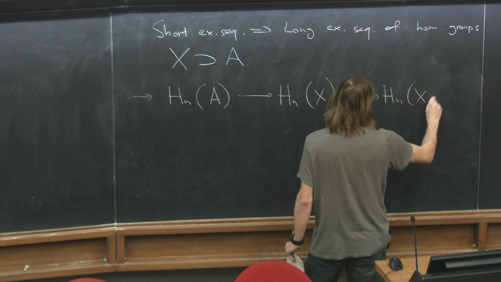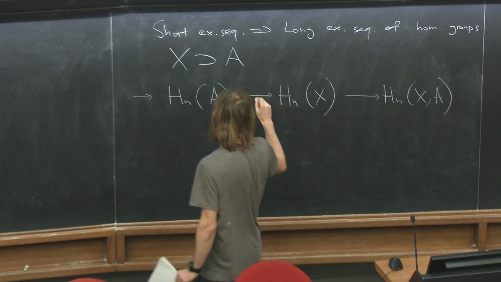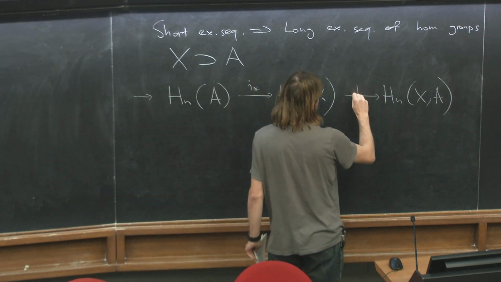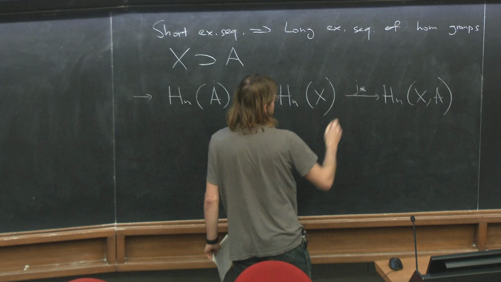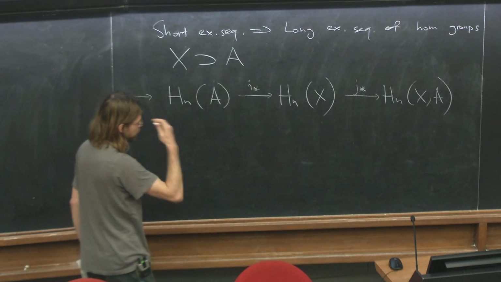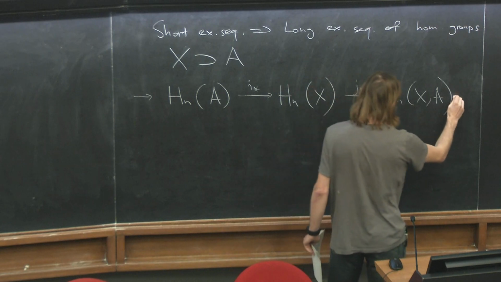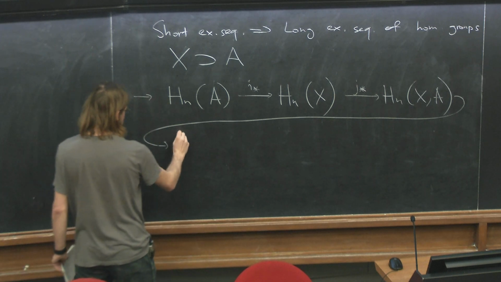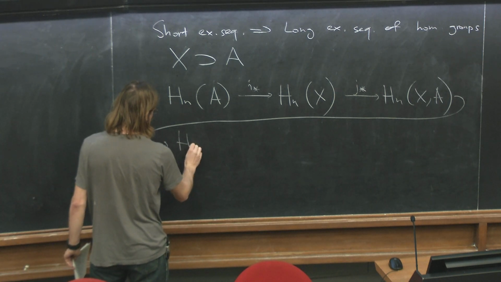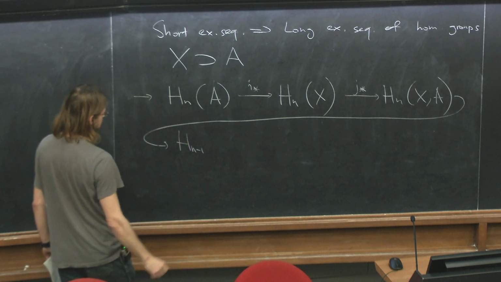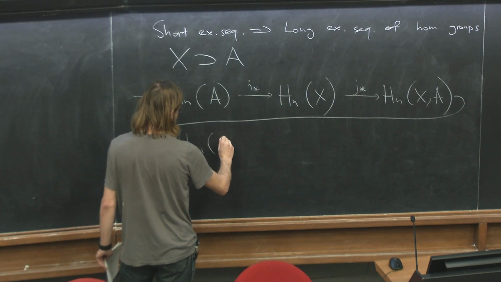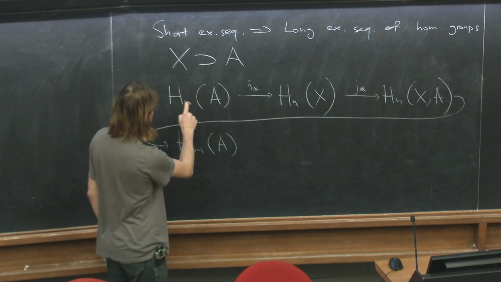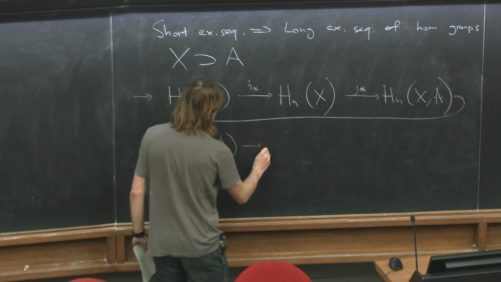is exact. Here is a map induced just by inclusion, a map induced by the quotient, quotienting singular chains in X modulo singular chains in A, and then we constructed this rather non-trivial connecting homomorphism which shifts the index of the homology group by 1 and returns us back to the homology group of A. And then it continues.